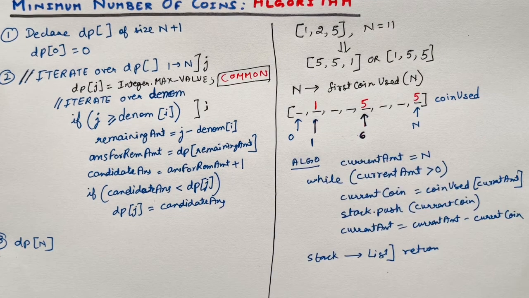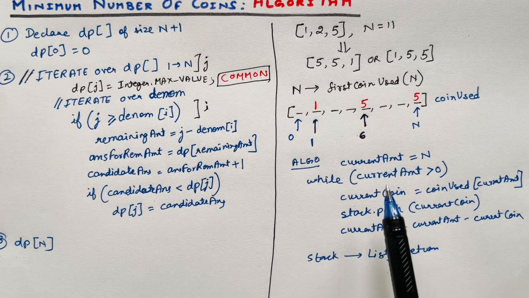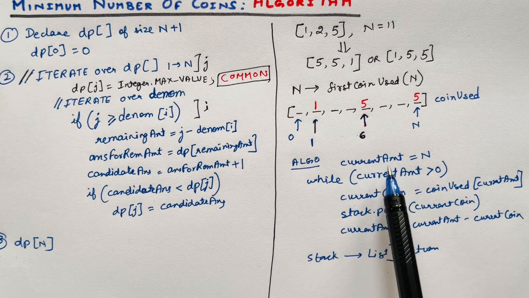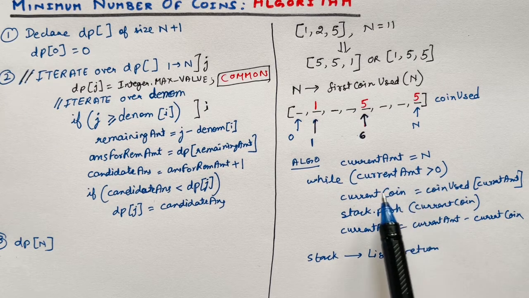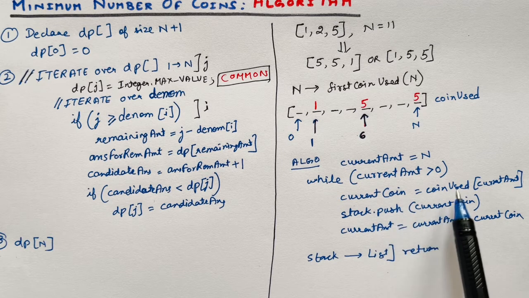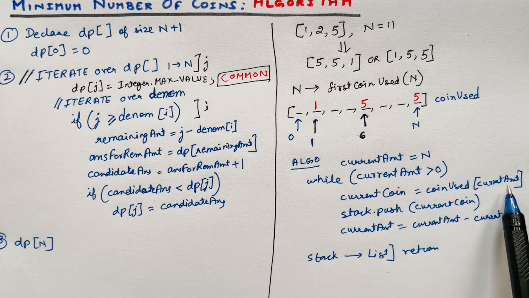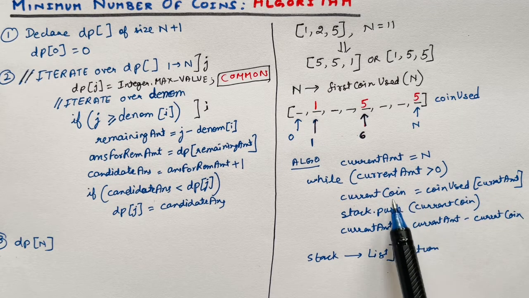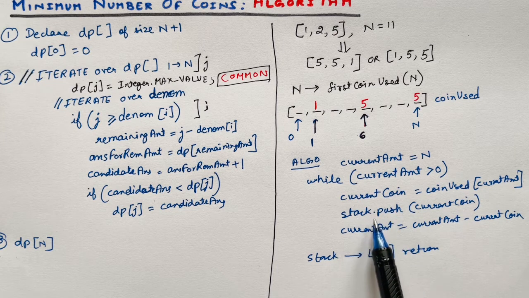So this is what our algorithm will look like. We will initialize a variable current amount with its value n. We will iterate till it is greater than 0. And in every iteration, we will figure out what was the first coin used for this current amount. We will put that coin in some stack of integer that we have declared earlier.